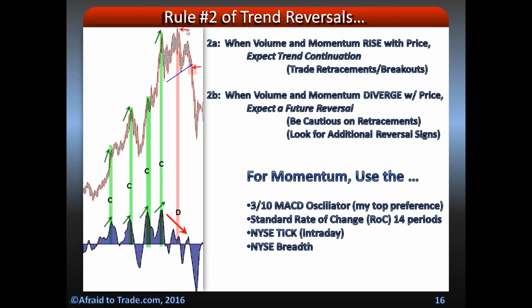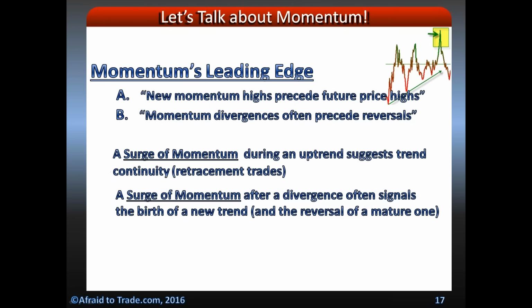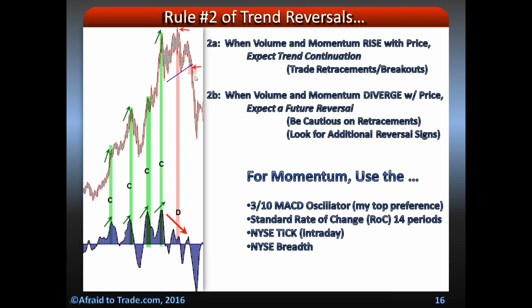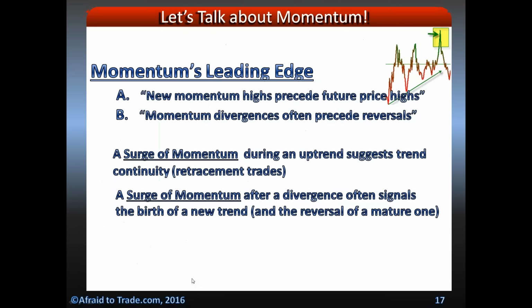And a surge of momentum during an uptrend suggests trend continuity. Want to be a buyer of retracements. Same thing. Surge of momentum after a divergence signals the birth of a new trend and the reversal of an old one. And we're going to codify this, but that's this little factor here.